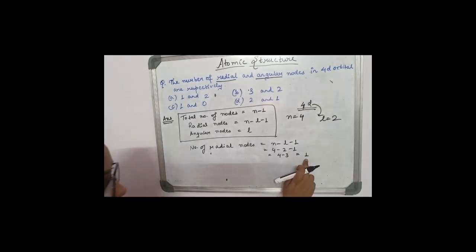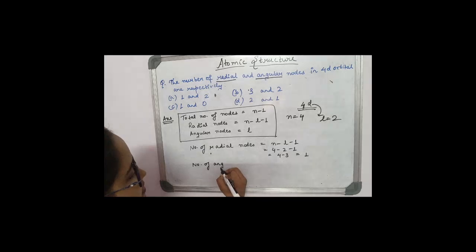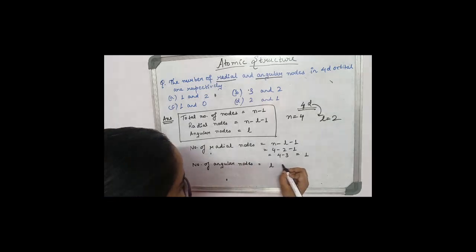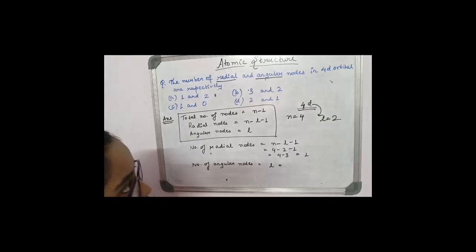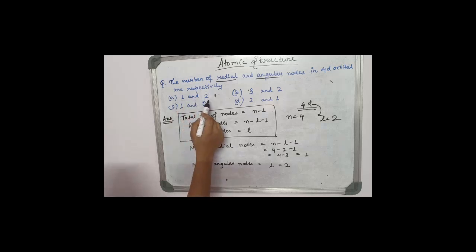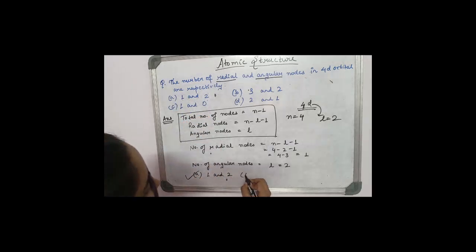So there is one radial node in 4D, and number of angular nodes is equal to l. In case of 4D, the l is 2. So number of angular nodes is 2. So the correct option will be A. Radial is 1 and angular is 2. This is the correct answer.